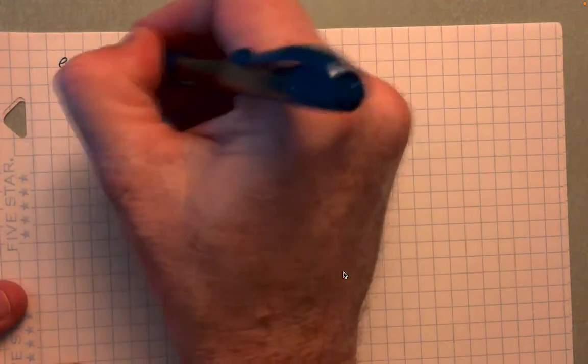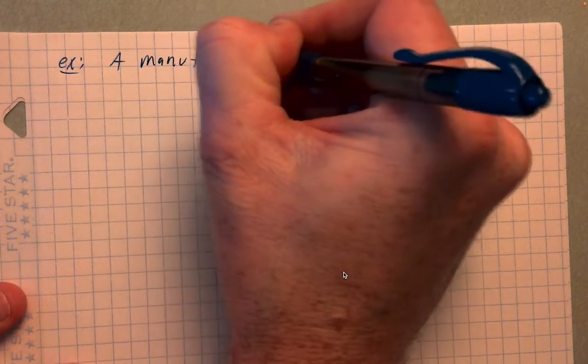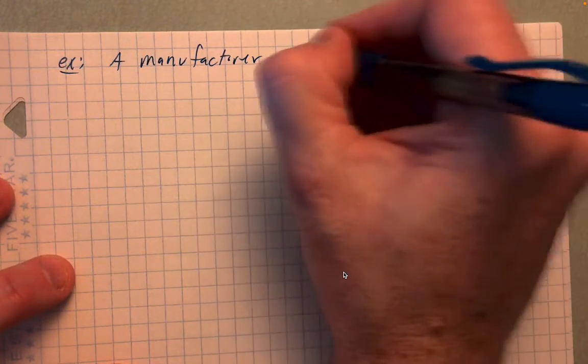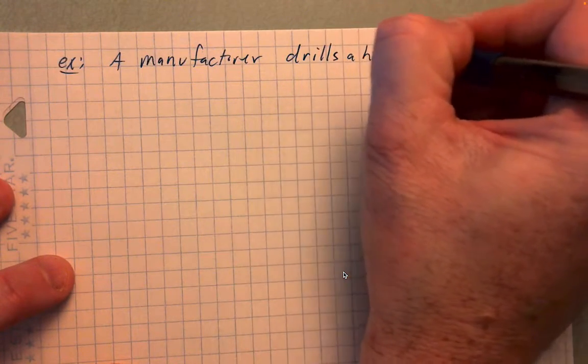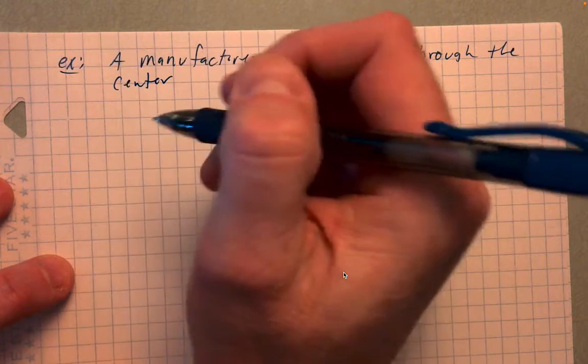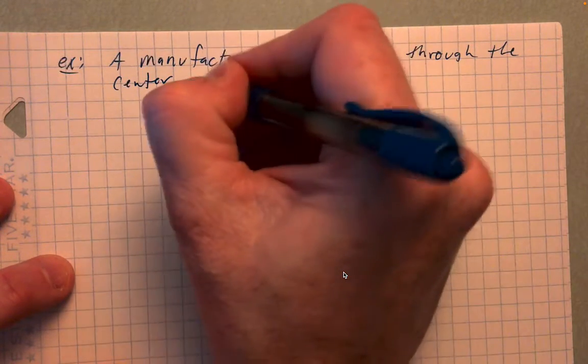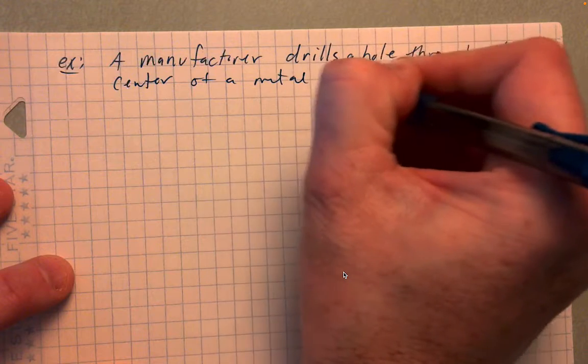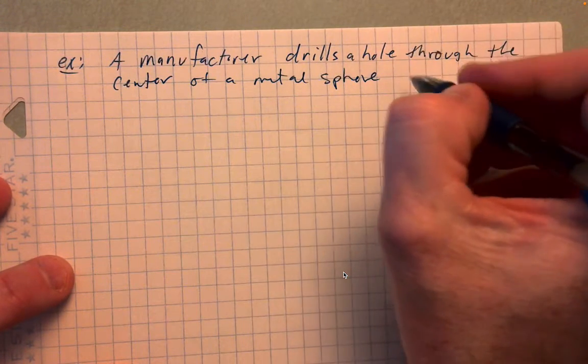Let's do one more example, I think. Maybe one more example. So for this example, we'll change the wording a little bit. A manufacturer drills a hole through the center of a metal sphere of radius 5 inches.